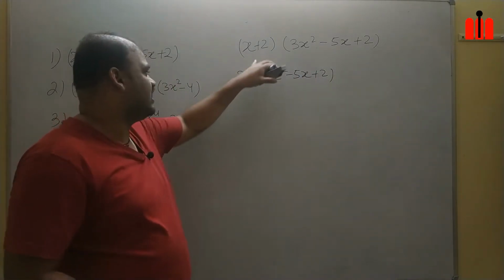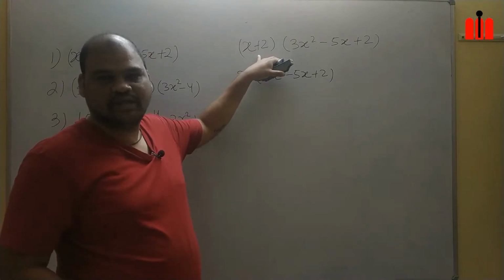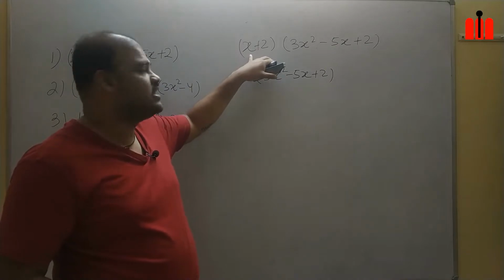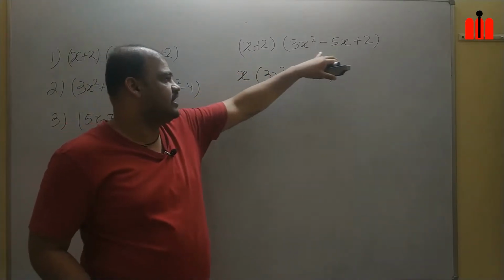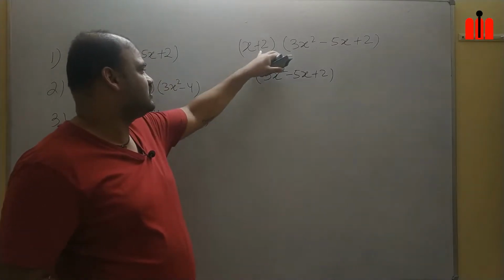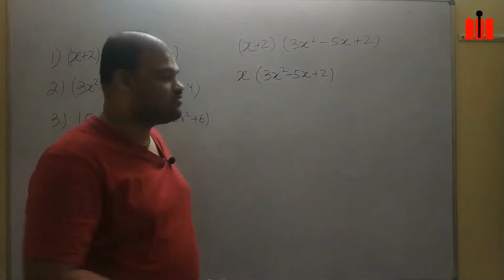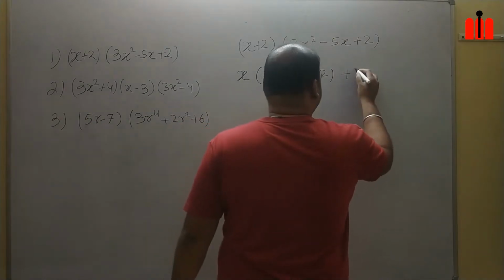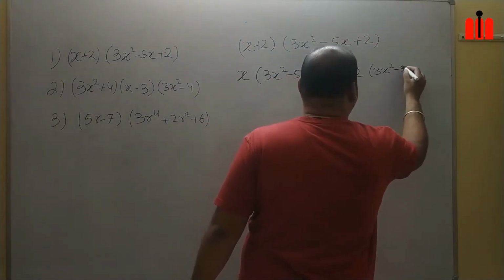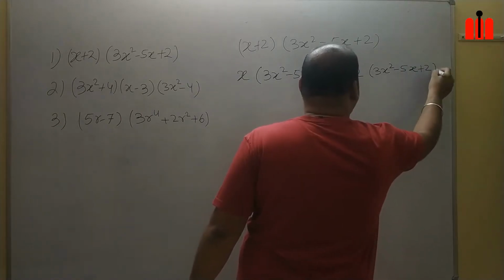We break this bracket, so it will be x into 3x square minus 5x plus 2, after that plus 2 into 3x square minus 5x plus 2.